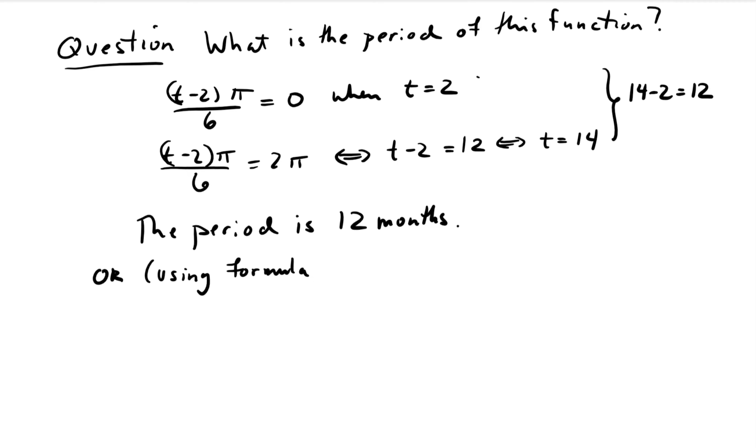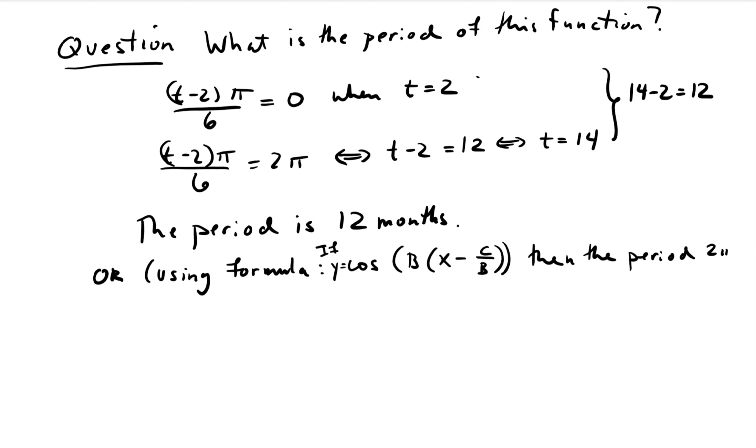So using a formula, what's the formula? If we have cos of b times (x minus c over b), then the period, if y is this, is 2 pi divided by the absolute value of b.